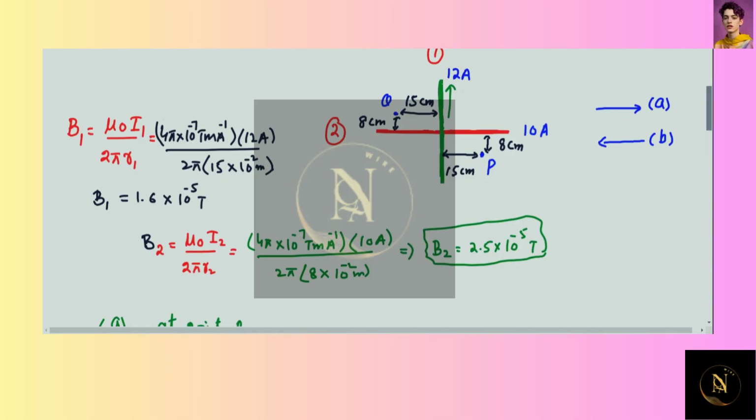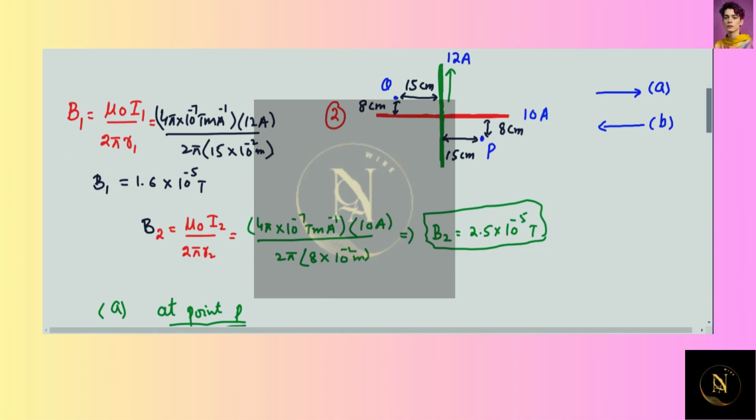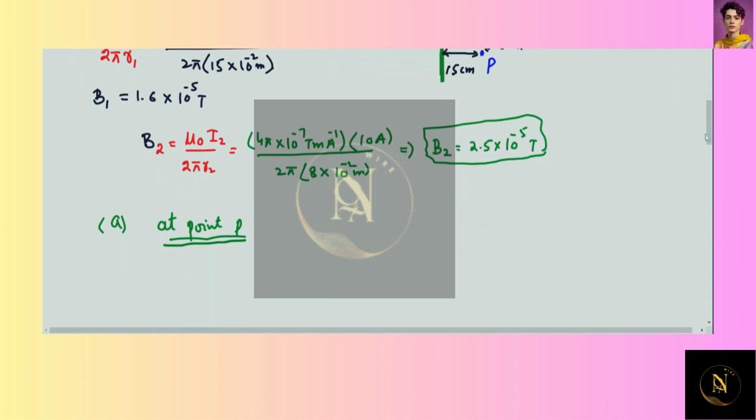By right hand rule, it is clear that the direction of magnetic field at point P due to wire 1, that is B1, is into the page.